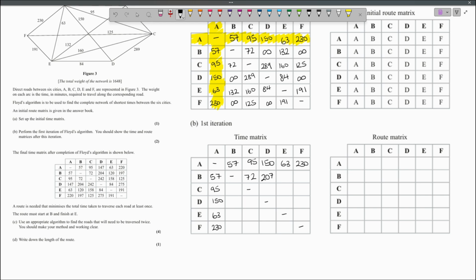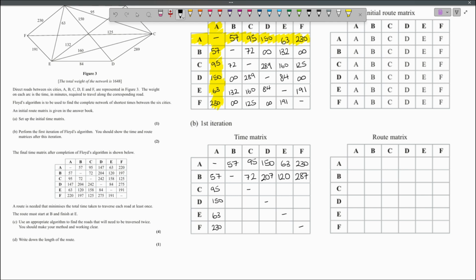My next value, 132, is larger than 57 plus 63. So the result of 57 plus 63, 120, is going to replace 132. I've got another infinity. 57 plus 230 is 287.